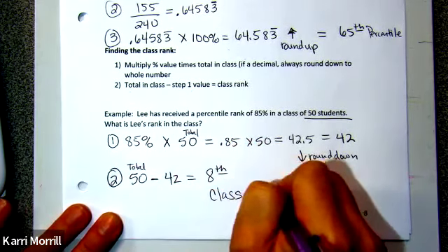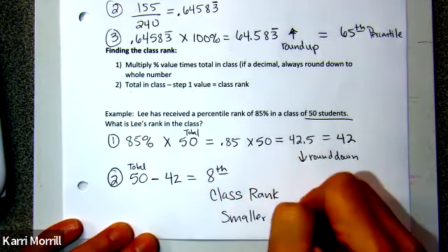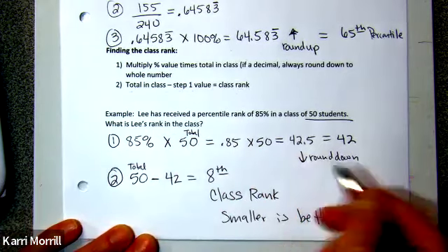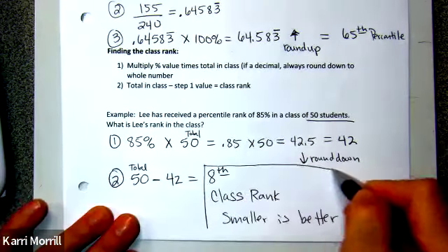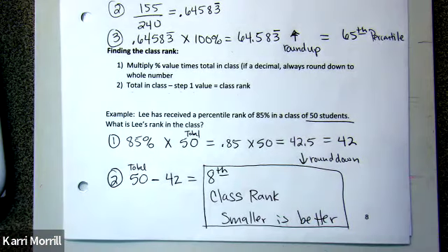When we talk about class ranks, smaller is better. If you think about your high school, especially a really big high school with a lot of people to choose from, it was probably really hard to be first in class. But if you were first in class out of 240 people that you graduate with, that means you were the highest out of all those people.